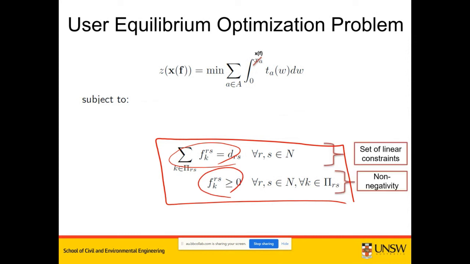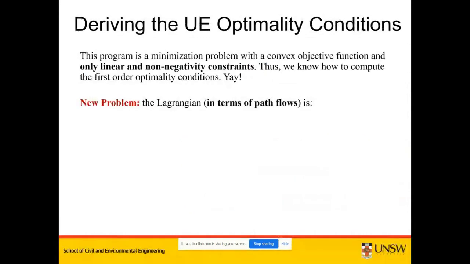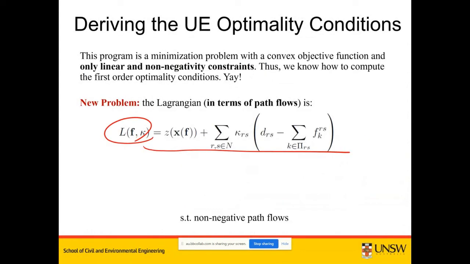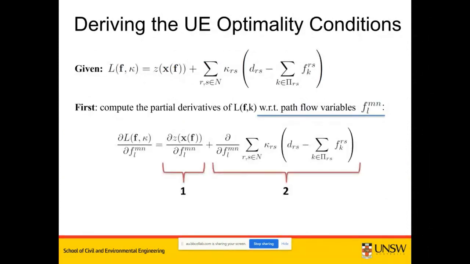So you can apply the general optimality conditions and the Lagrangian function that we reviewed to solve this. You write the Lagrangian function, and then you set up the optimality conditions, you take the derivative of the Lagrangian, etc., etc.